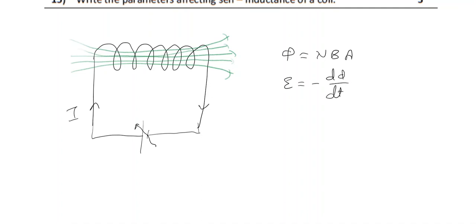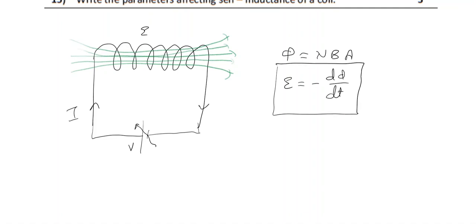It means that the coil will have induced EMF. So now you are talking about two potential differences. One is provided by the battery and other one induced inside the coil. And this phenomena is called self-induction.